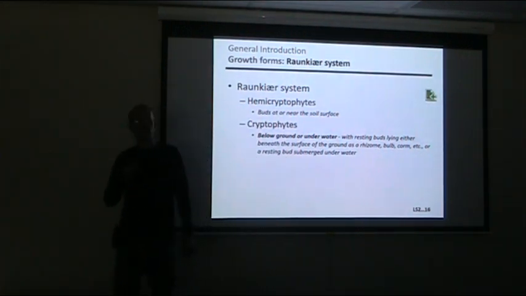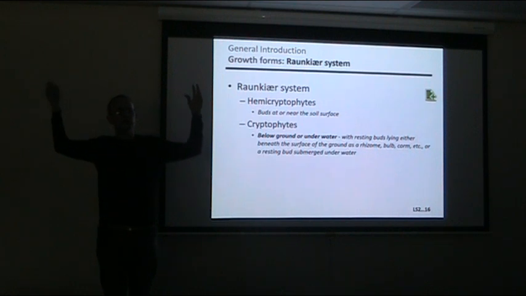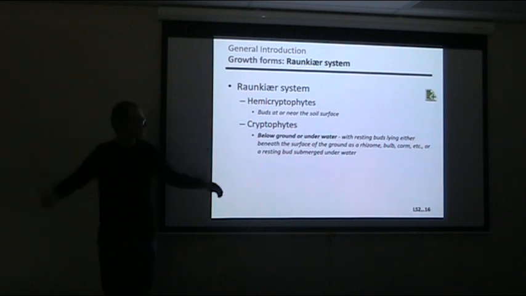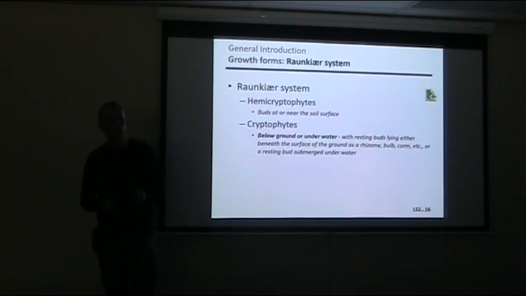Just in terms of the ecology of cryptophytes, I think that we know almost nothing about what's going on with them. We know a lot about phanerophytes. They're easy to study. They're up in the big trees. We can see what's going on above ground. A lot of what's going on is all happening above ground. These cryptophytes are incredibly species rich, and we don't know what's going on in terms of phenology.